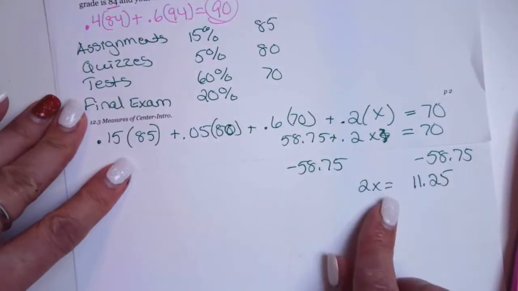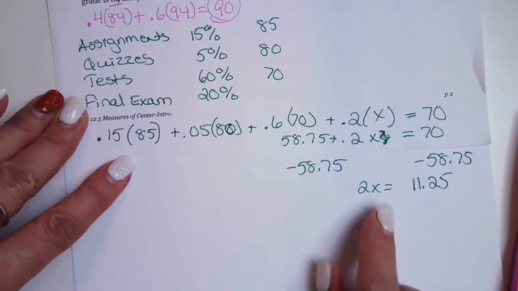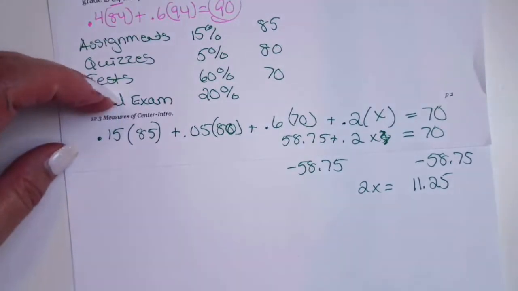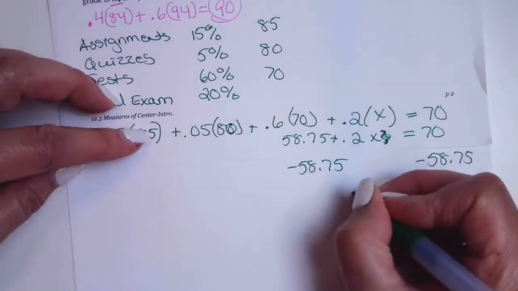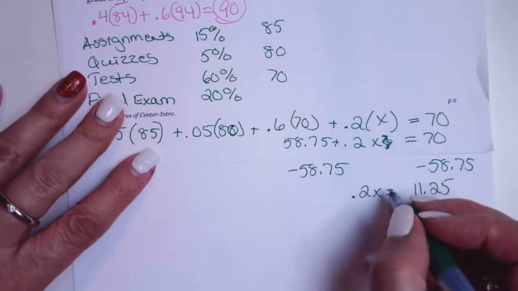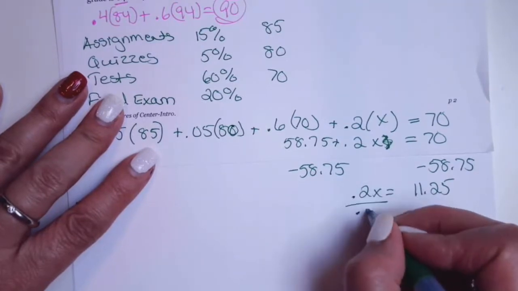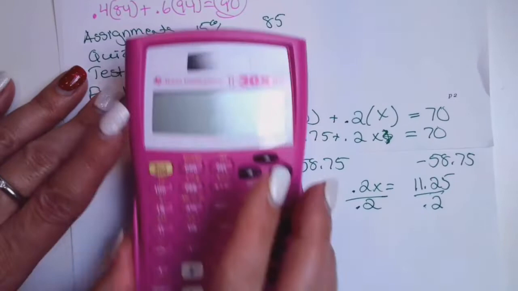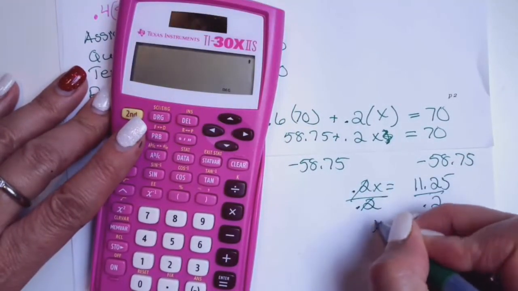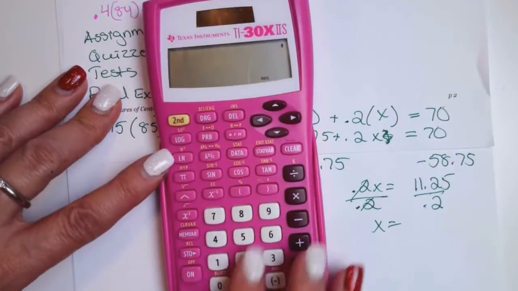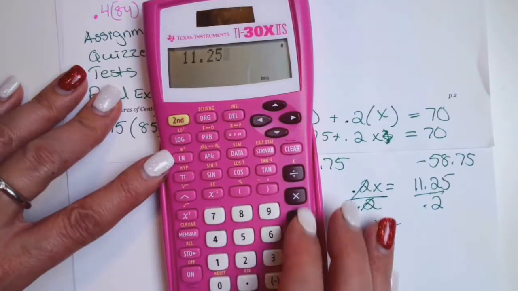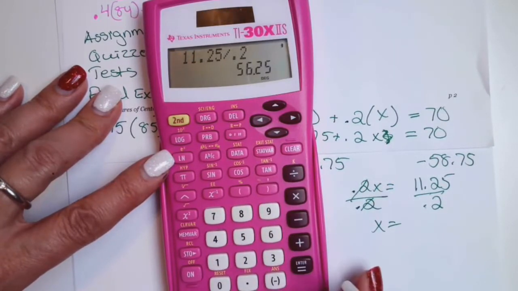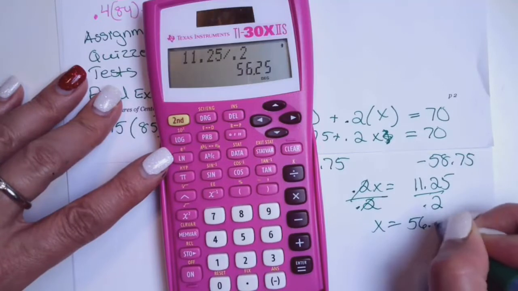So now, hold on, something's not right here. Yes, it is. This is 0.2. That's why. And we are going to divide by that 0.2 so that we can move it over to this side, so these become a 1. x equals 11.25 divided by 0.2, and you get 56.25.